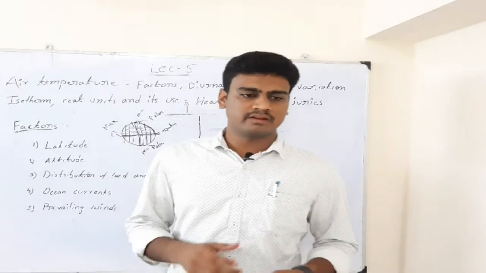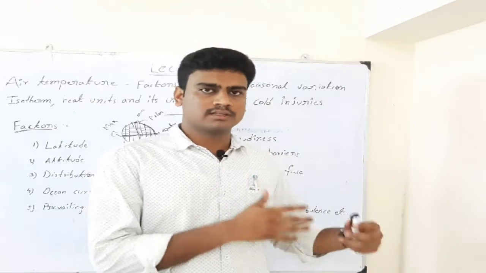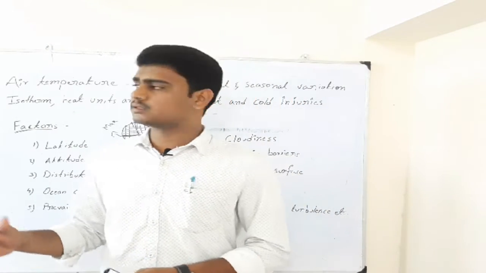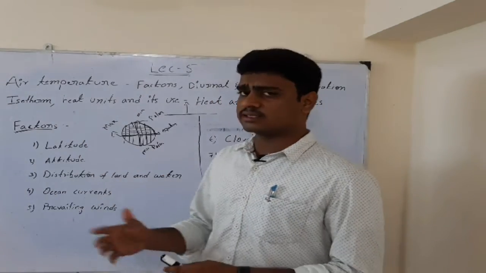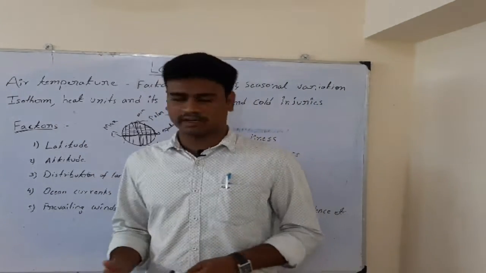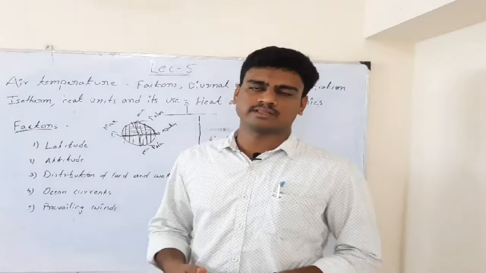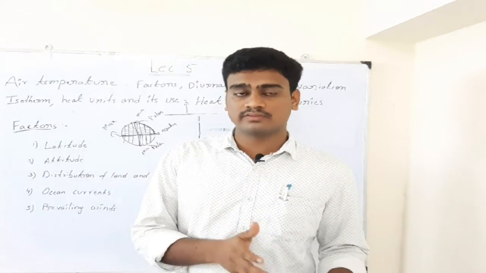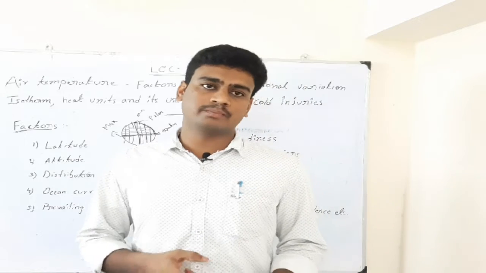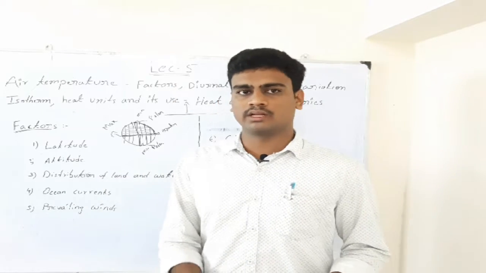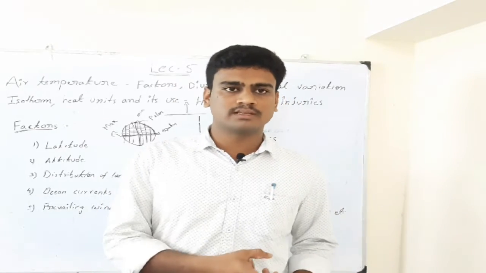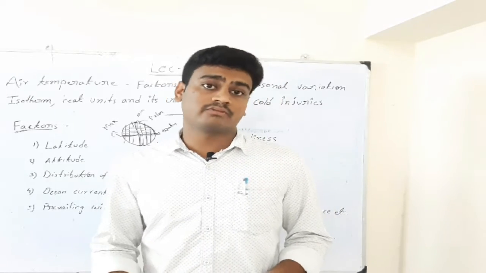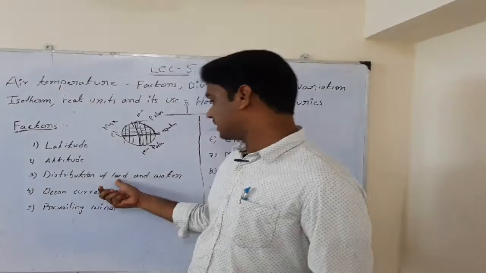Every day, from the time of sunrise till the time of sunset, when we compare water bodies and the surface of the earth, the land will quickly heat up and quickly cool down in the evening. But when we look at the water bodies, their surface will heat up very slowly and also cool down very slowly. That's the difference between land and water.